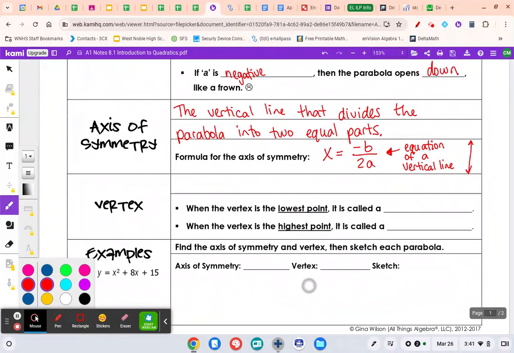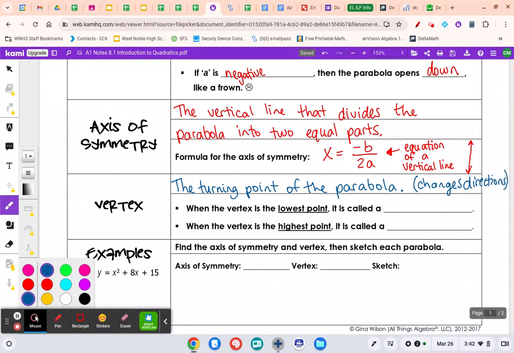Okay, we have another definition. The vertex. This is the turning point of the parabola. Okay, it's where it changes directions. We actually already saw this one too on our pictures above.